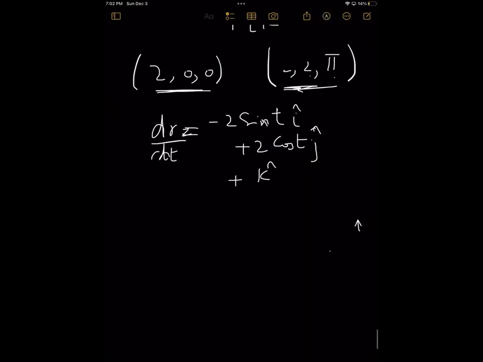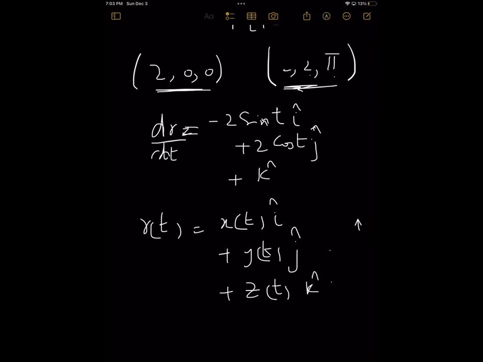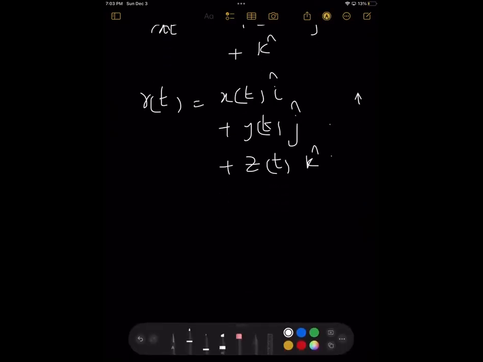Now we have, in fact, r(t) is usually x, which is a function of t, with i unit vector, plus y, j unit vector, plus z, which is a function of t, k unit vector. So comparing r's values, we have x equal to 2 cos t, y equal to 2 sin t, and z equal to t.